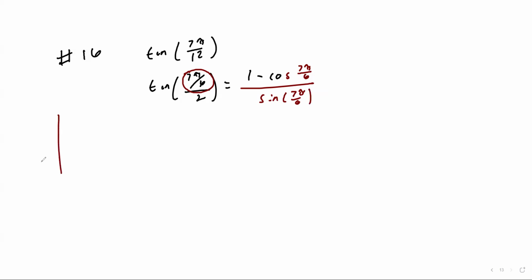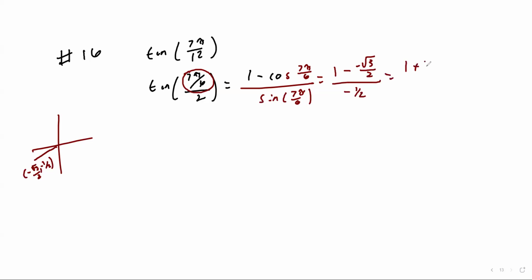All right, so again, this right here is negative. So this right here would be 1 minus negative square root 3 over 2 over negative 1 half.